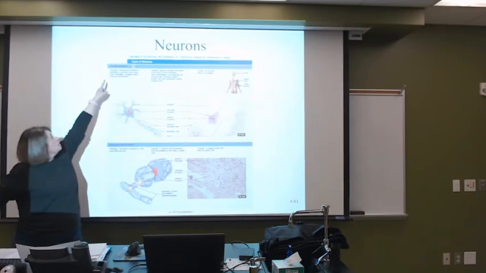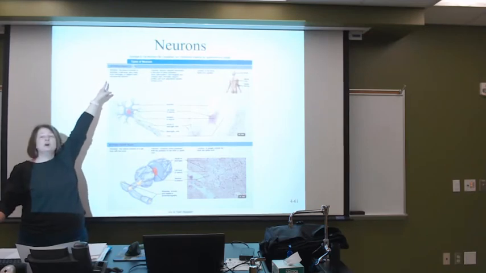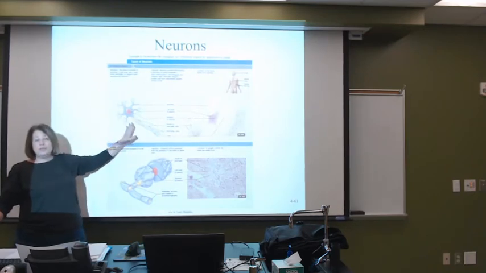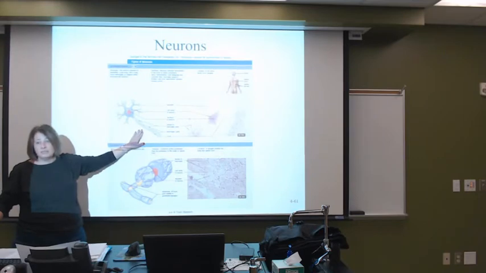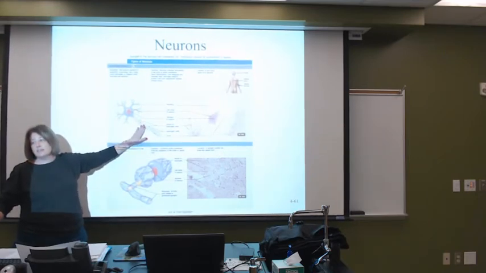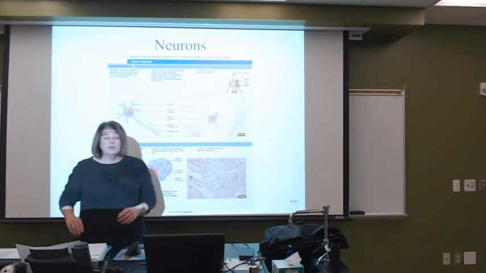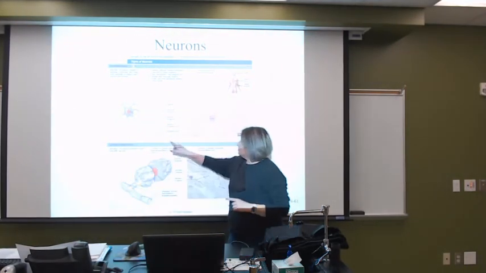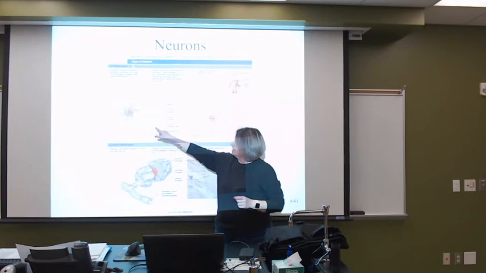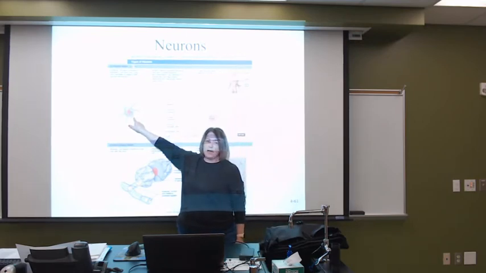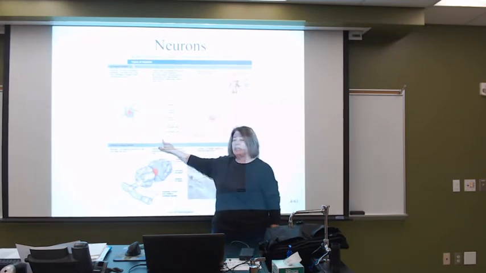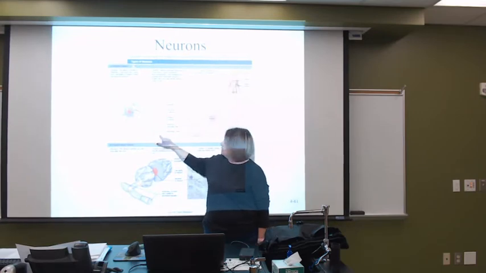So when we look at the one termed multipolar, which would be the most prevalent in the body, this is what they look like. Now, because they have to take information from the cell body and pass it along the axon, some of these have a fatty tissue wrapping called the Schwann cell.